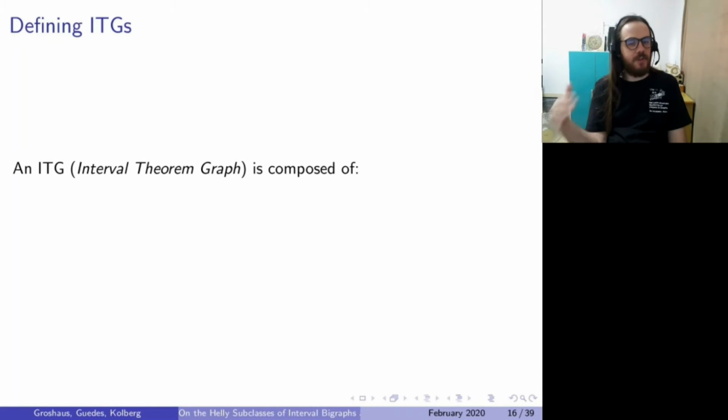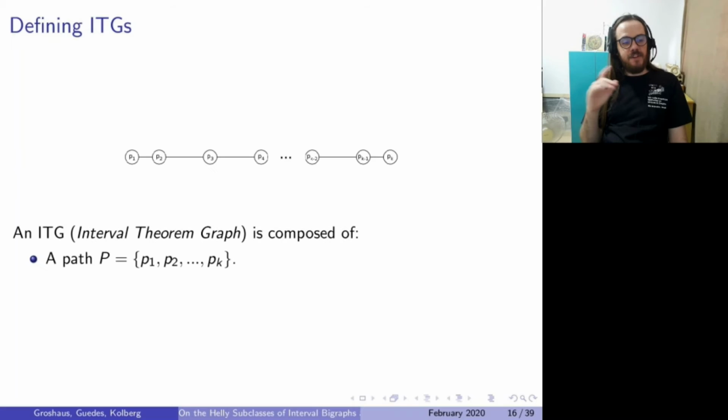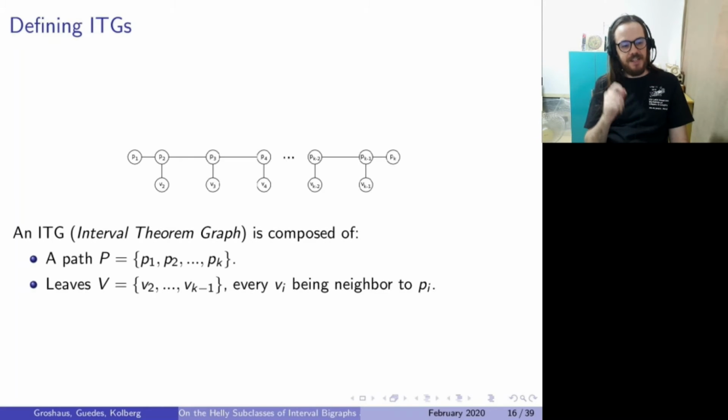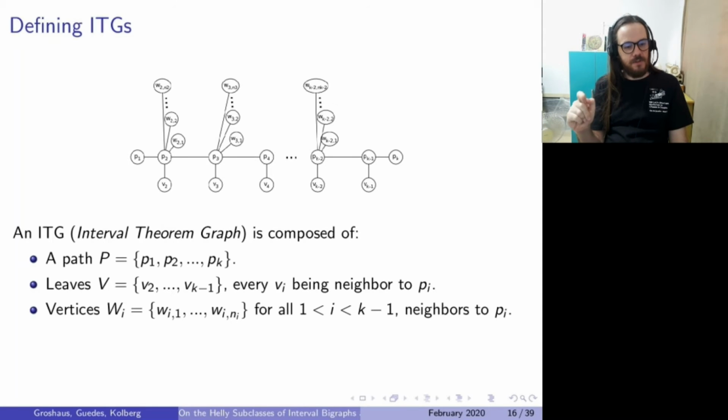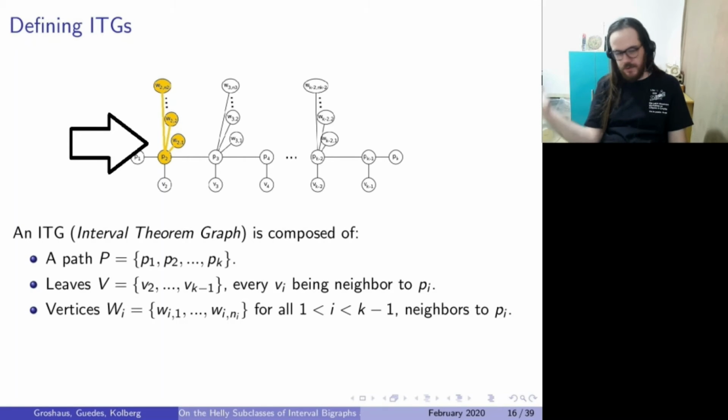In order to prove our characterization, we use a special type of graph we call interval theorem graphs, composed as follows. We start with a path P1 to Pk, we then add leaves to every element of the path except P1 and Pk. For every i between 2 and k-2, we add vertices Wi1 to Wini, for some ni, neighbors to Pi, so you can see here P2 is neighbor to W21, W22, and so on.